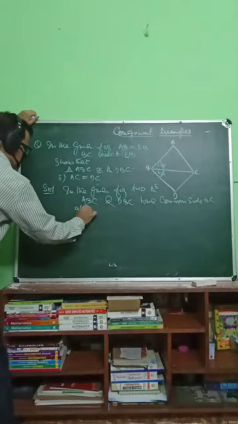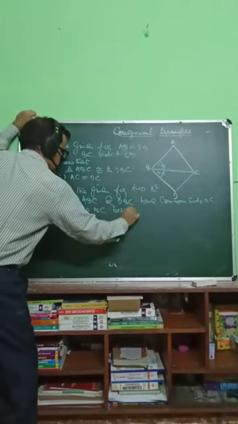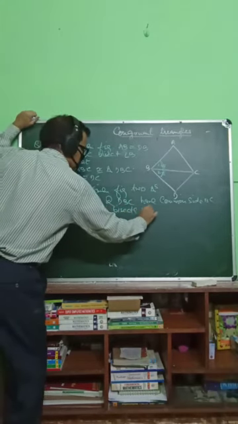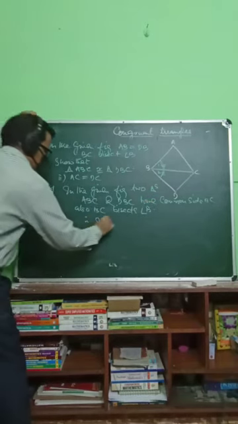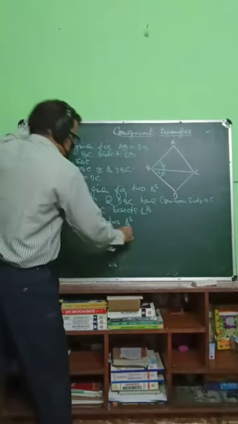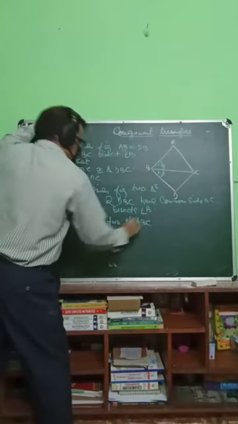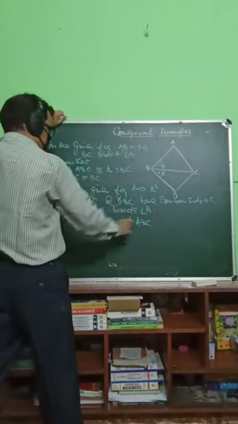Also, BC bisects angle B. Therefore, in two triangles ABC, we have to name according to prove what is to be proved. Accordingly, we will name here also.